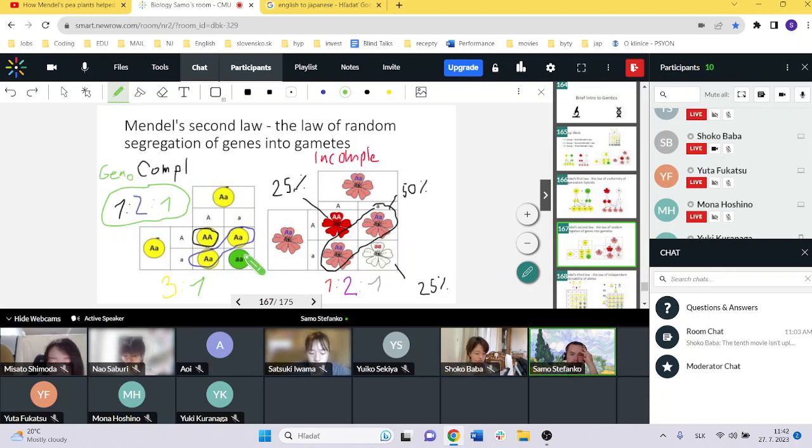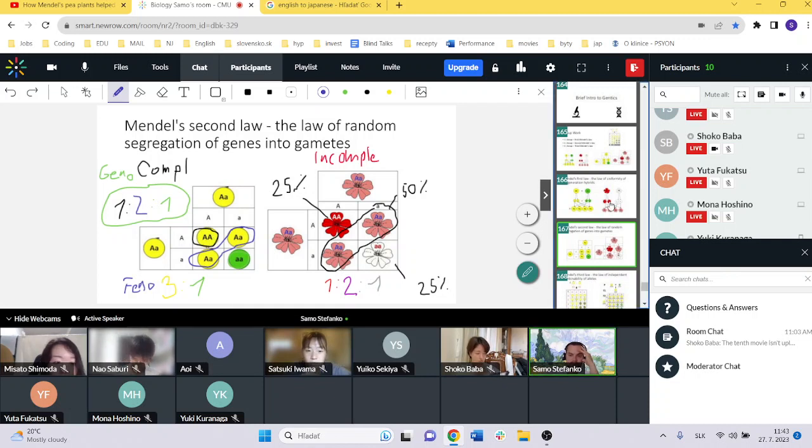One recessive homozygous, two heterozygous and one dominant homozygous. So this was phenotype 3 to 1, how they look, and genotype, how they are genotypically distributed, the alleles.